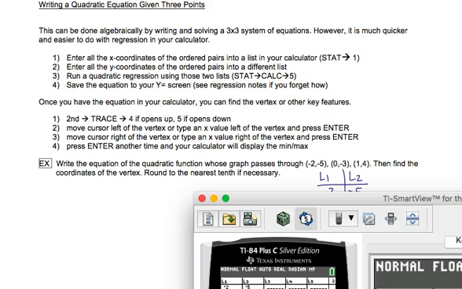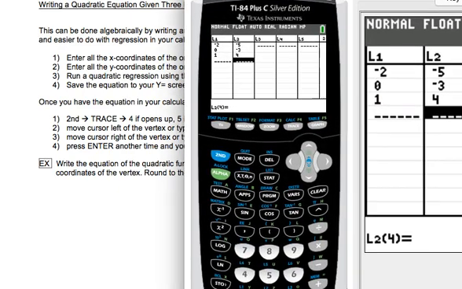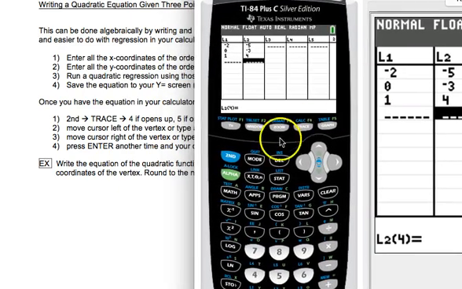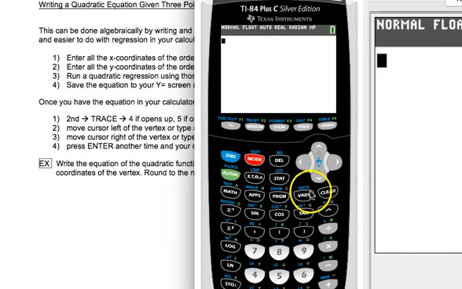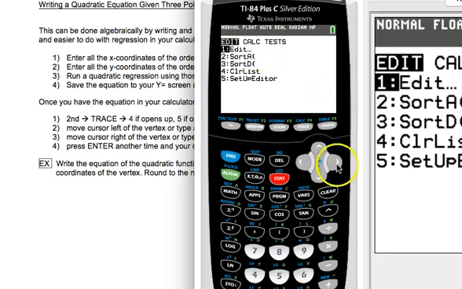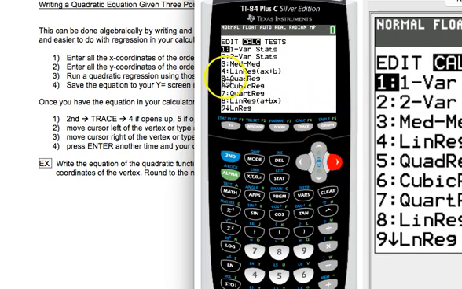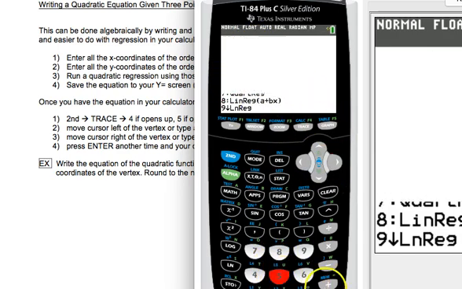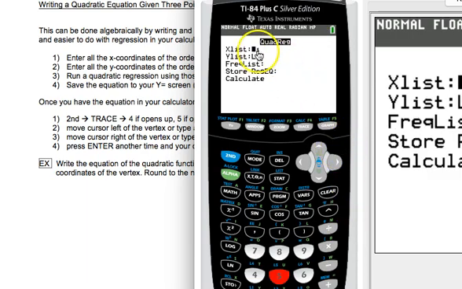Now I'm going to run a quadratic regression. Again, you can go back to the earlier notes if you need more specific directions, but I'm going to second quit out of that, and then I'm going to go to Stat, scroll right to Calculate, and I'm choosing quadratic regression, which is choice 5. My x list is in L1, my y list is in L2.